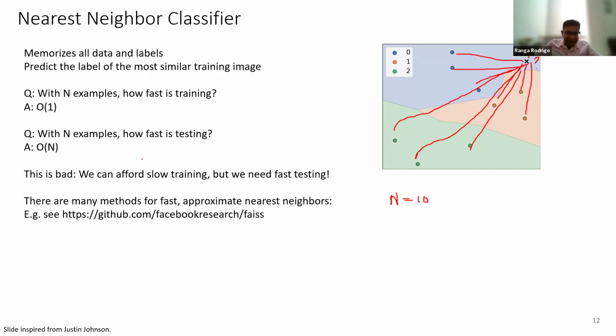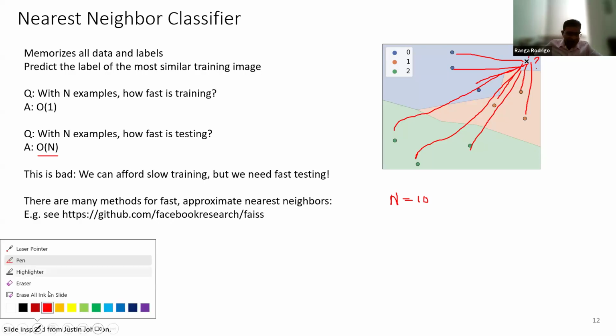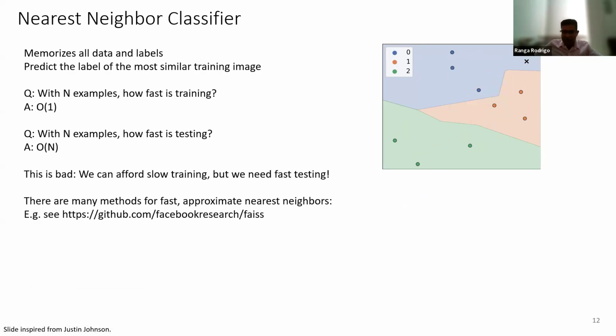So you can see the number of computations that we have to do is in the order of 10. If you generalize, it is in the order of n. So this is bad. After you compute these distances, you find the closest one. The closest one is actually this one, right? We take its class as the class of this one, so we will call it blue.